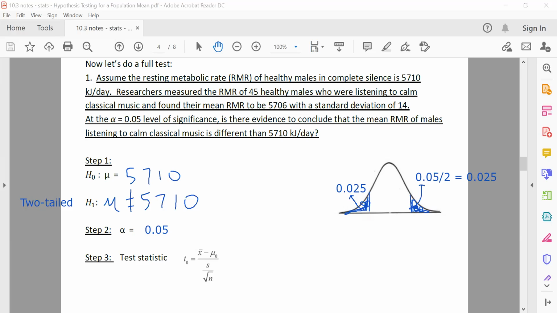Well, some T-charts will have exactly that much. Some you're going to have to get kind of a ballpark. So we're going to say it's about 2.019. So 2.019 for 44 degrees of freedom had 0.025 of the data to the right of it. Thus, this is negative 2.019.